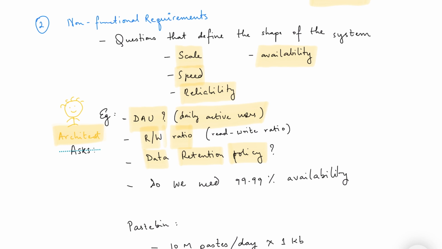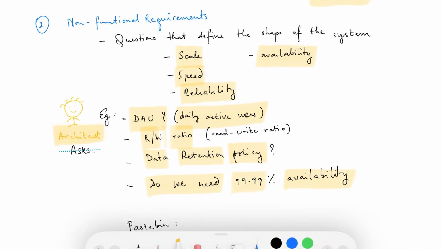And the fourth question that the architect asks is, what kind of availability do we need? Do we need 99.99%, or how much availability are we looking at for this system? These are called the nines of availability. Real-world systems expose five nines or six nines of availability, and this is taken from that.